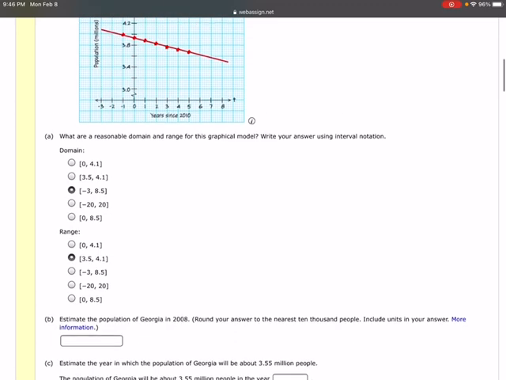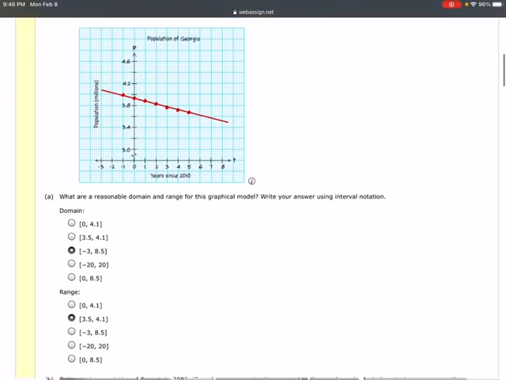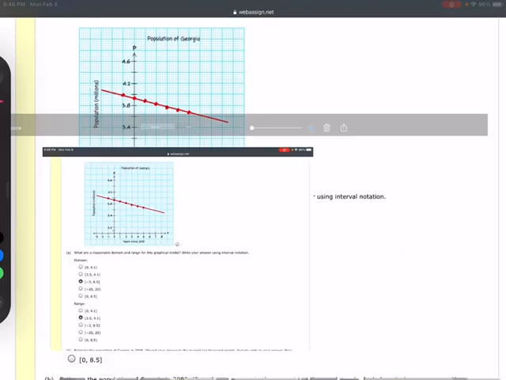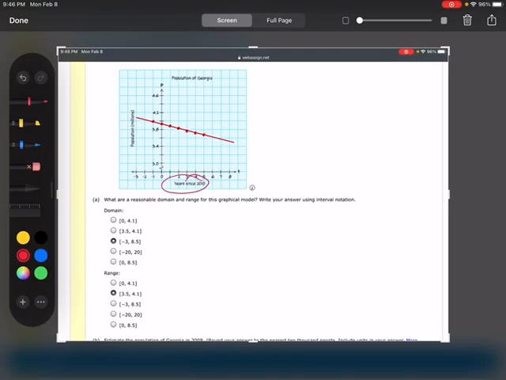Estimate the population in 2008. Remember, here it says years since 2000. All right, so 0 represents 2010, sorry. So 2008 is 2 years back, it's at -2. So what's that point right there? It's about 4.1, a little bit above that one.